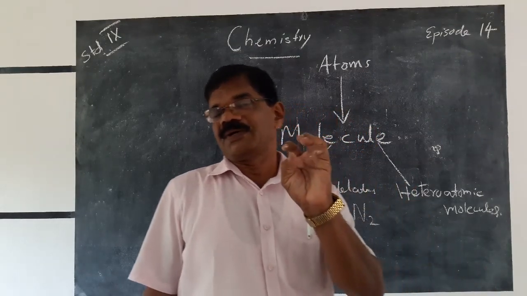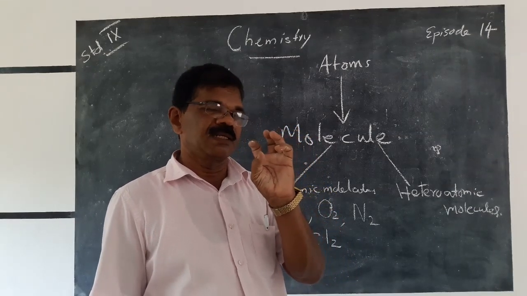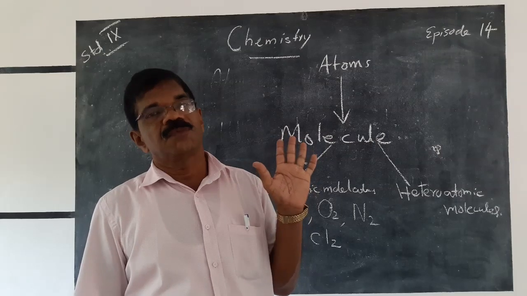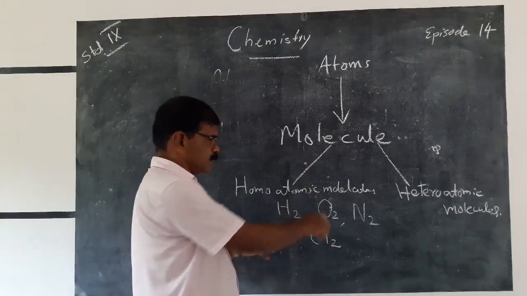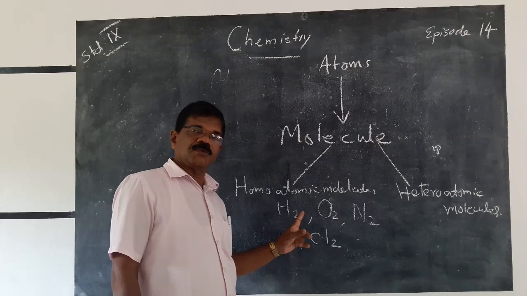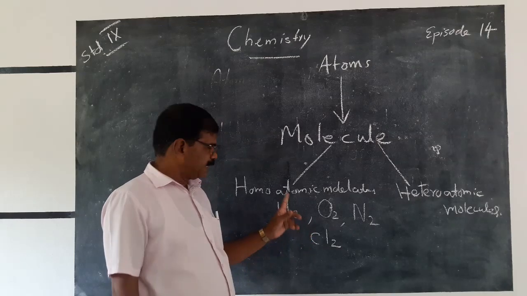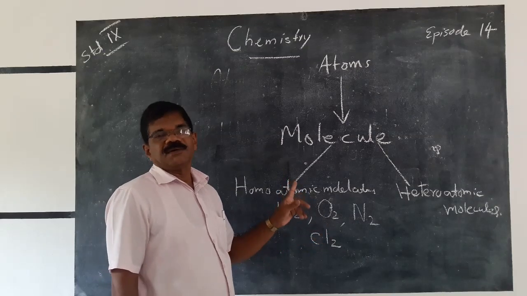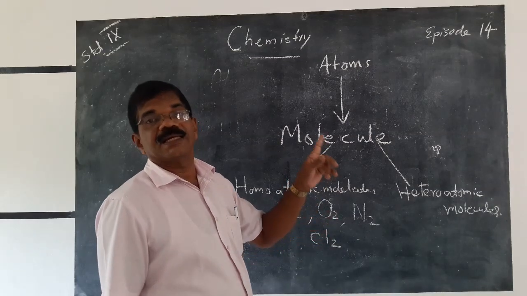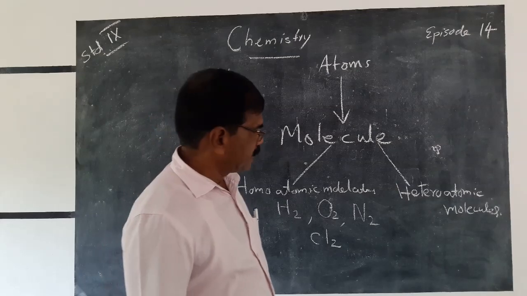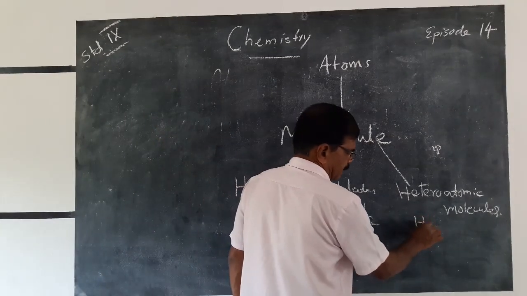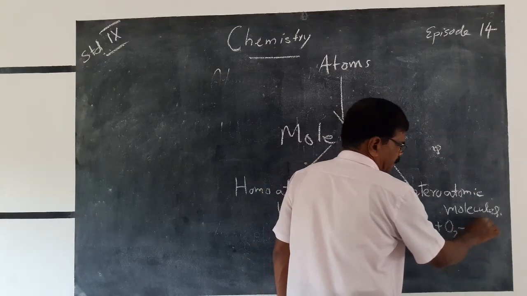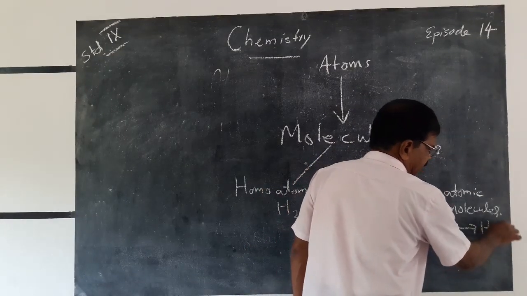So, how many homoatomic molecules can be seen in the universe? Only 118. If hydrogen combines with oxygen, can you say it is a homoatomic molecule? No. It is a heteroatomic molecule. Hydrogen combines with oxygen to form water, H2O, a heteroatomic molecule.